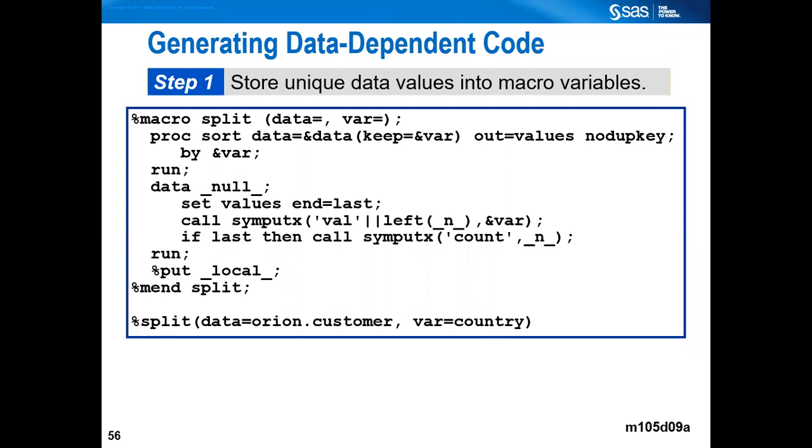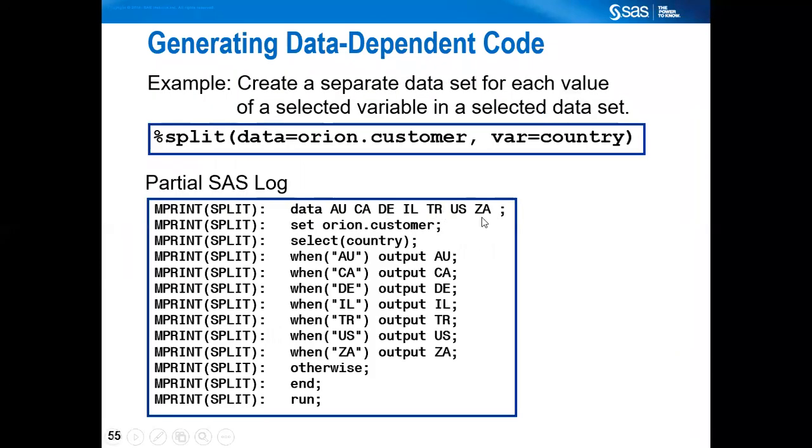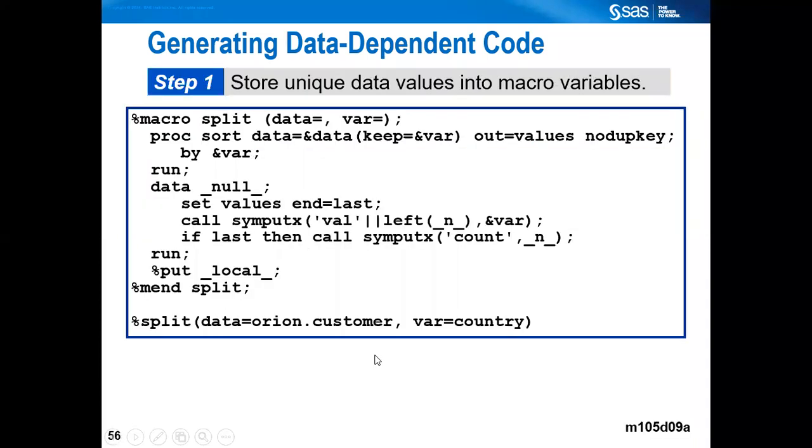But the data set name may change, or even the variable used to split the data values may change. Ultimately this should be a common macro, so that whenever you call any data and a respective variable, it still gives you the result. Hence it's ampersand data, so that you can write any data set while calling.